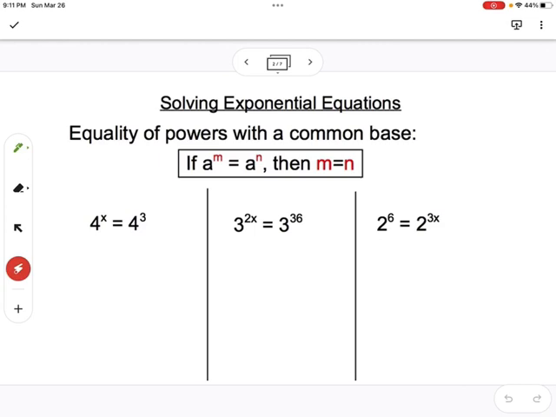So the first question is 4 to the exponent x equals 4 to the exponent 3. Since these both have a base of 4, we can drop the bases and just write the exponents, and that is x equals 3. Okay, that is our answer. There's nothing for us to solve there because x is by itself.